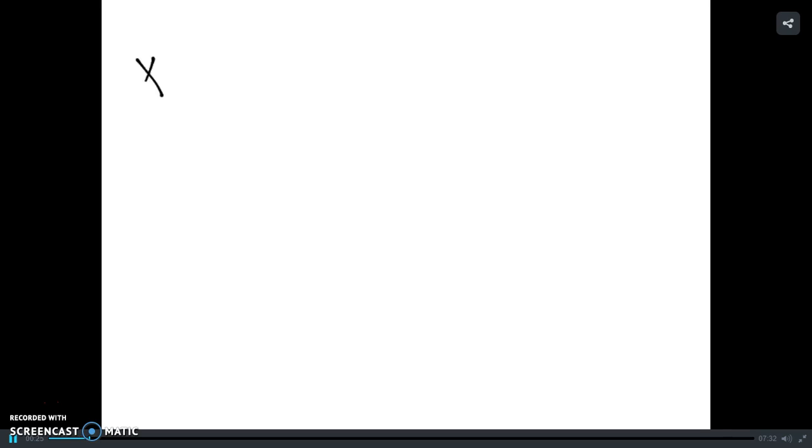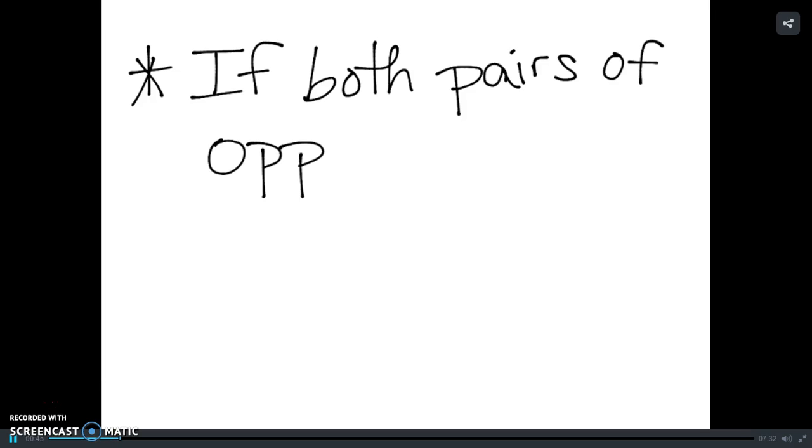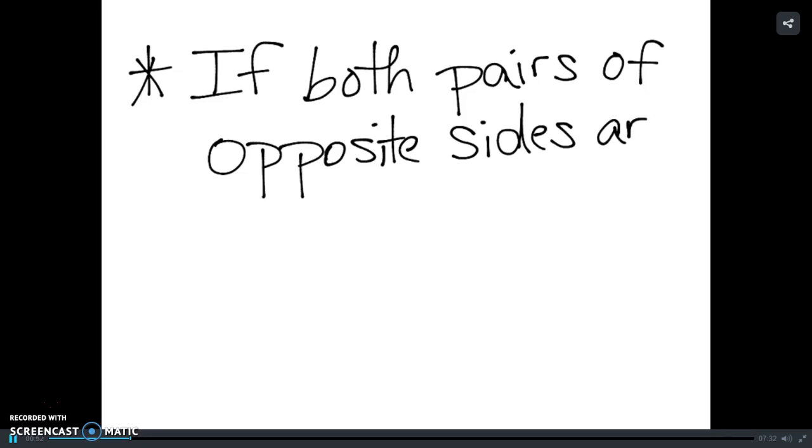So our first test is going to be if both pairs of opposite sides of a quadrilateral are congruent, okay? So if both pairs, and that's really important, of opposite sides are congruent, then you have a parallelogram.